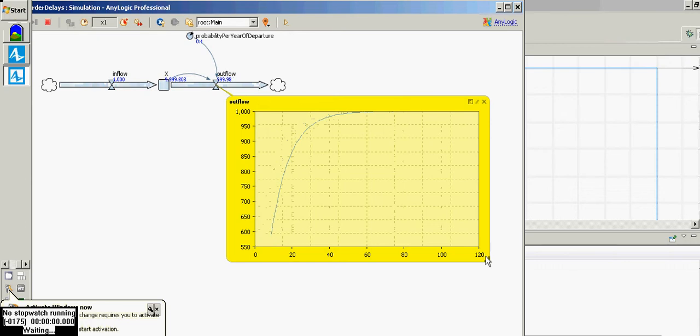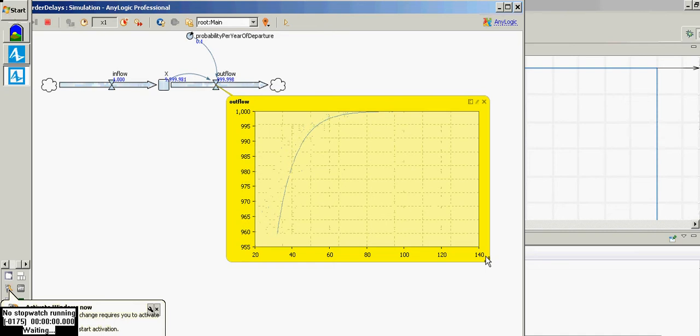And it's going up until the point where it's going up as long as what? X will be rising as long as what? Inflow is greater than outflow. So X is going to be rising. Let's make it crystal clear. X is rising as long as inflow is greater than outflow.